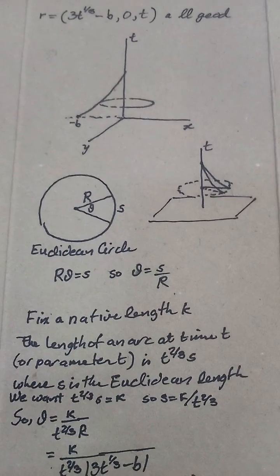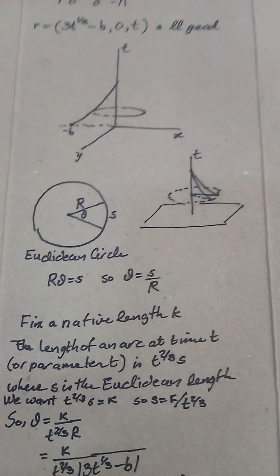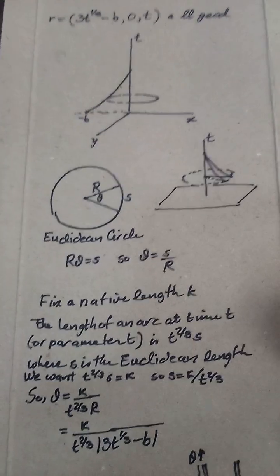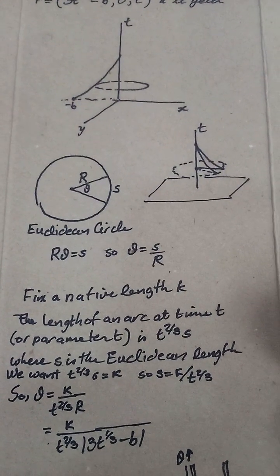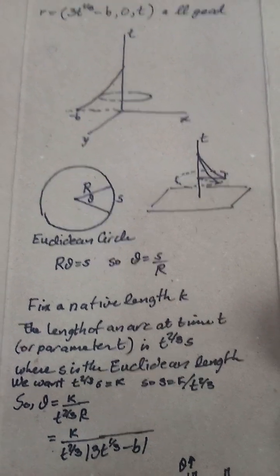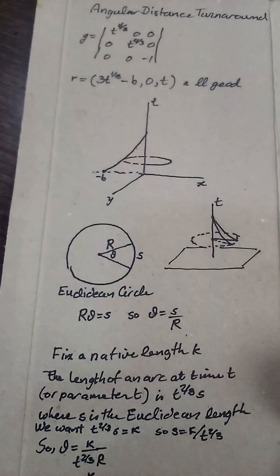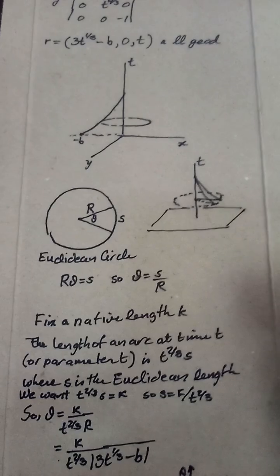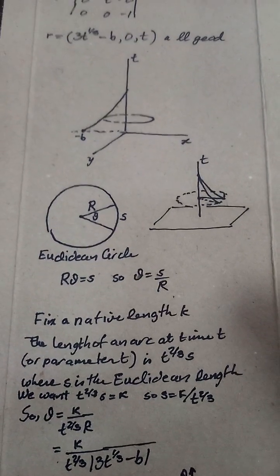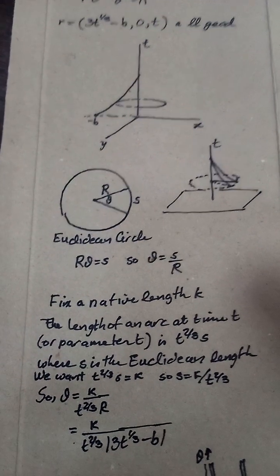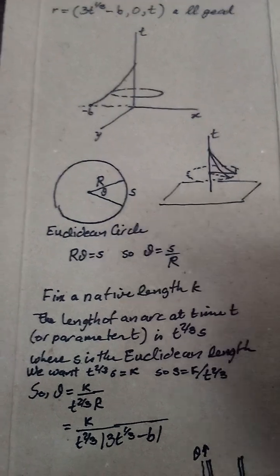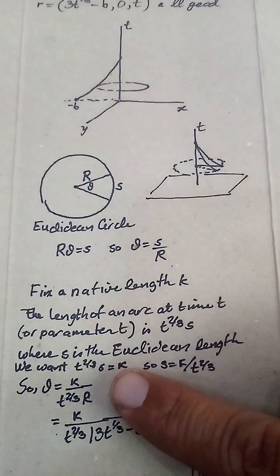So here we go. You fix a length k. The length of an arc at time t is just weighted by that t to the 2/3 from the metric times whatever the Euclidean length s of that thing is. But in our case, we want the thing to have length k.